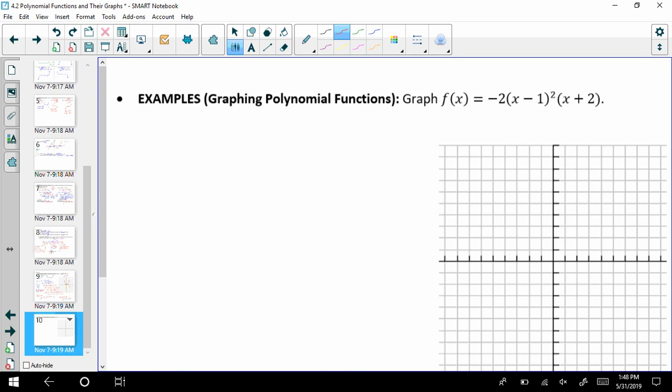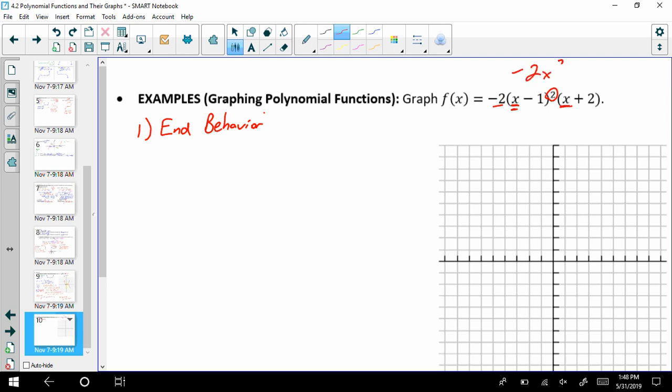So this one I want to graph. Let's first do the end behavior. So now this one, we're going to have to kind of do our multiplying here. So if I took -2 times x, but then times another x because it's squared, I would have -2x squared, but then times another x.